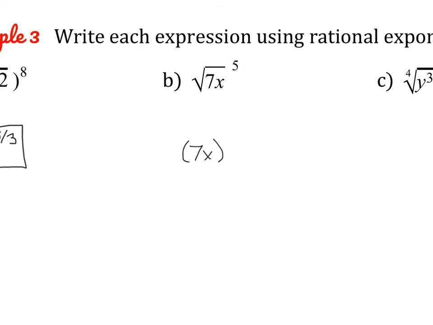And remember here, when it's a square root, our index is technically 2. We just don't write it. So it would be 5 over 2. So 7x all raised to the power of 5 over 2. And again, please make sure you have parentheses, or else you would only be raising x to the power of 5 over 2, which would be incorrect.